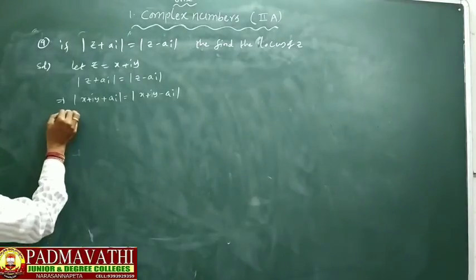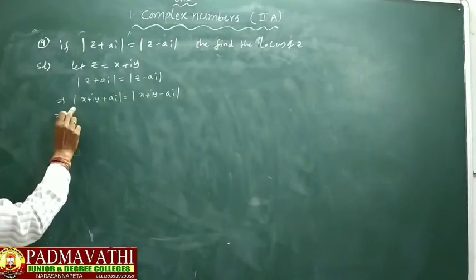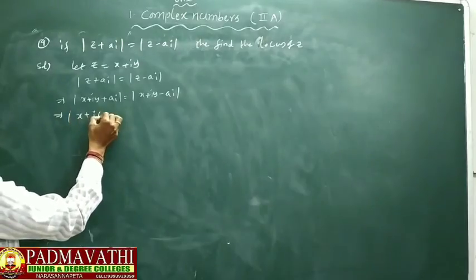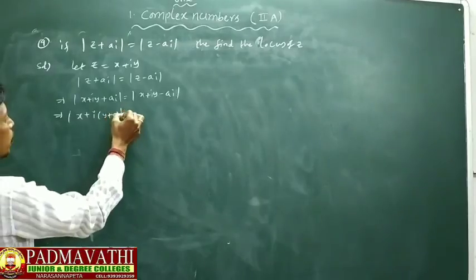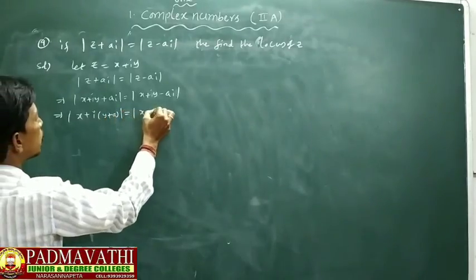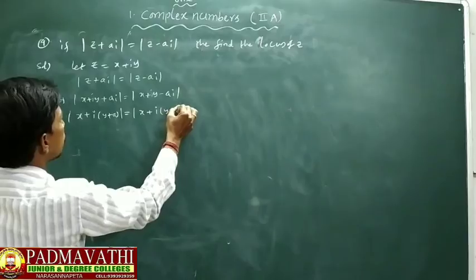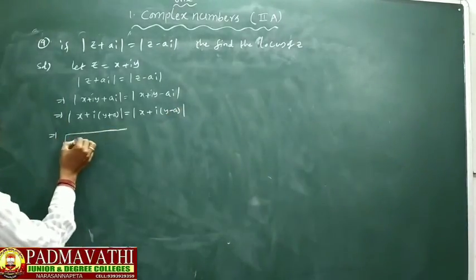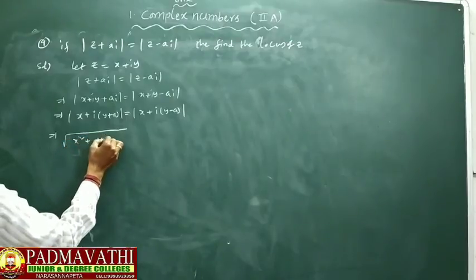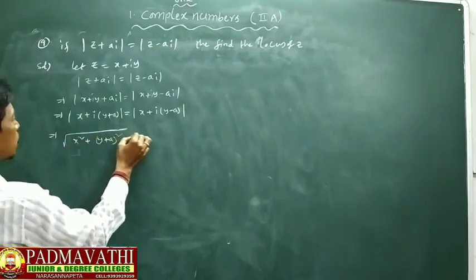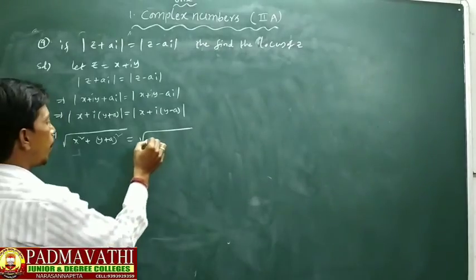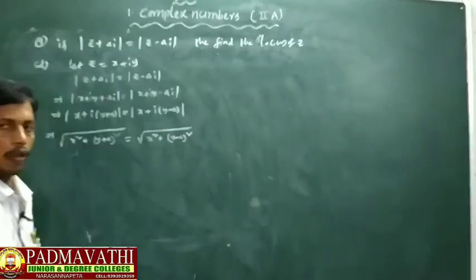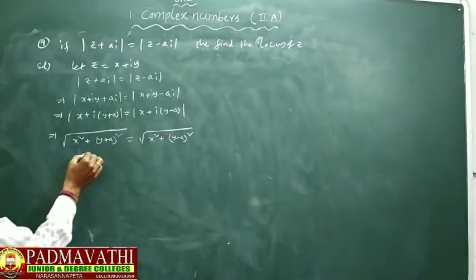Now separate the real and imaginary parts. The real part is x, and the imaginary part is y + a. Similarly, x + i(y − a), where y − a is the imaginary part. Now modulus means square root of real part squared and imaginary part squared: √(x² + (y + a)²) and similarly √(x² + (y − a)²).